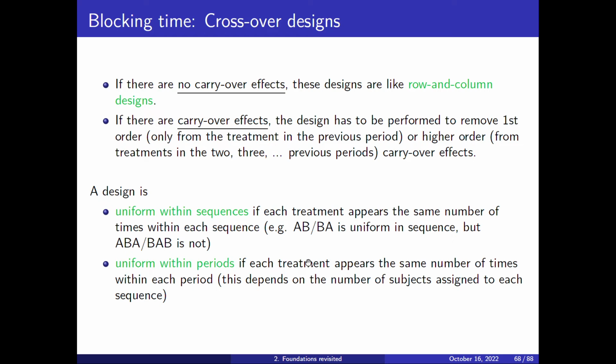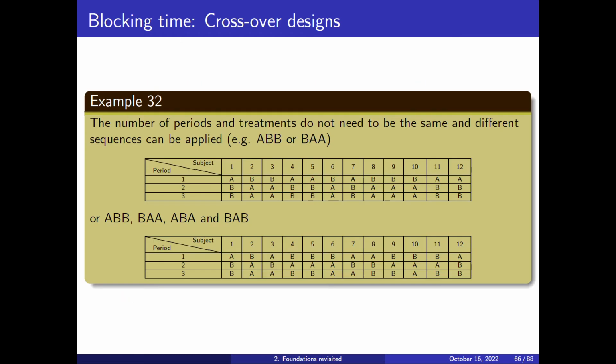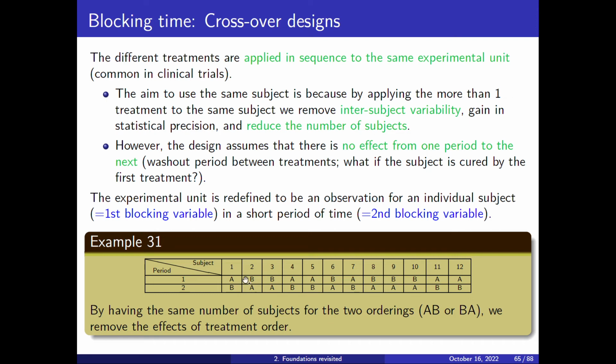So this depends on the number of subjects assigned to each sequence. So uniformity within sequence is analyzed by columns, while uniformity within periods is analyzed by rows. So by rows, A and B have to appear the same number of times, and within sequence, A and B have to appear the same number of times. That doesn't happen here, but it does happen in this one.